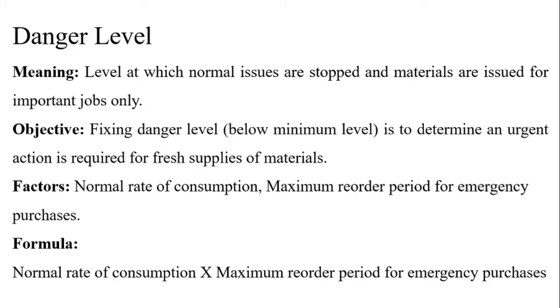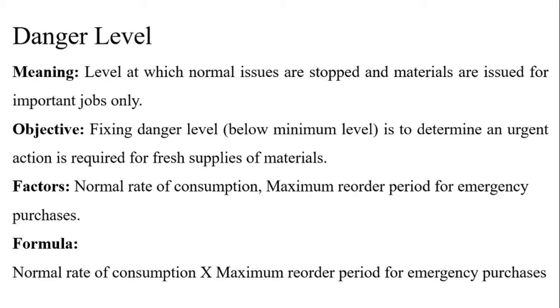That means normal issues are stopped because we are facing the danger level. We need to stop issuing raw material for normal conditions, and materials are issued for important jobs only with the permission of the competent authority. When stock reaches this level, urgent action is required for fresh supplies of materials.